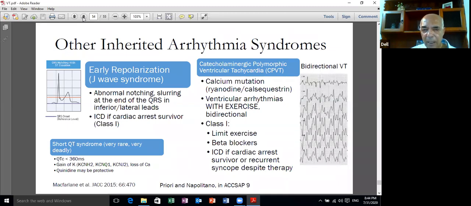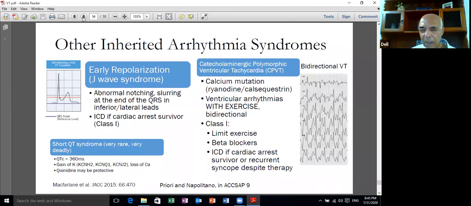Now, this ventricular arrhythmia is usually related to exercise. You start the patient on the treadmill. After a while, he gets sinus tachycardia, and then he gets PVCs. PVCs come in couplets, and after that, it appears as bidirectional ventricular tachycardia, as you see on the right side of the screen.